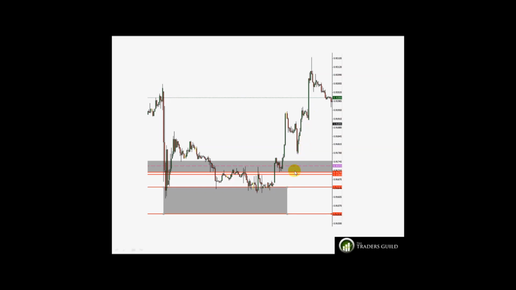Okay, so that's 3 examples I've been through of essentially finding SR zones and finding the cause of the breakout, and using that to determine where it's most likely we're going to find the supply or demand again on the first retrace. Okay, so zooming in onto the lower time frames, the 1 minute, 5 minute time frames, to pinpoint within a few pips the exact source of the institutional demand or supply that came into the market.